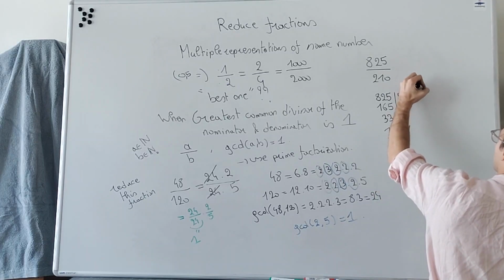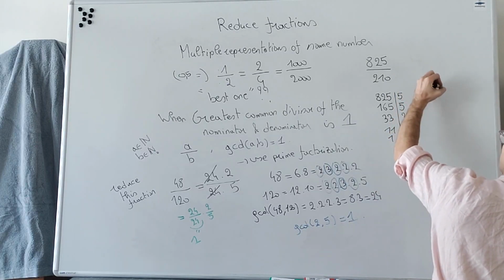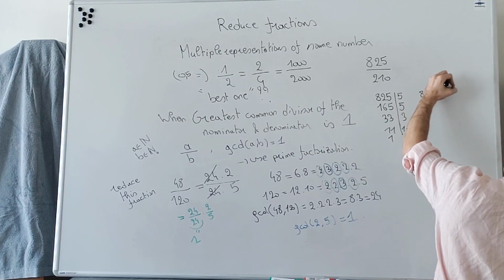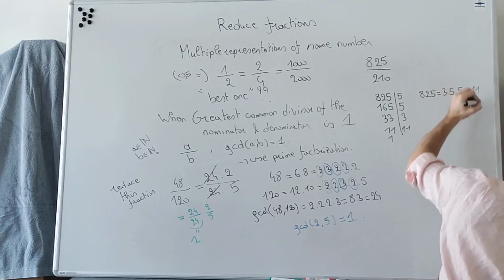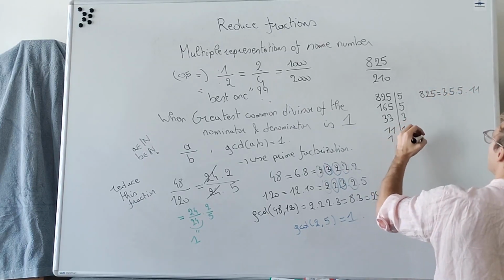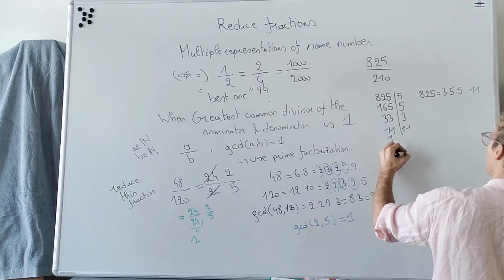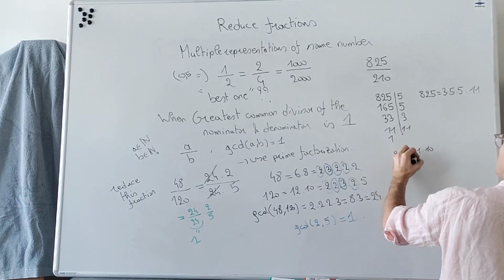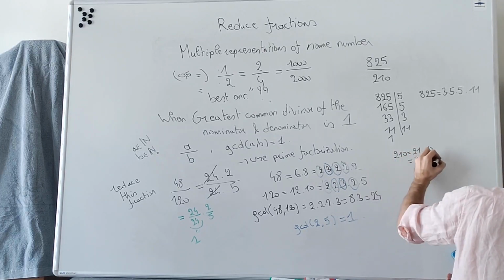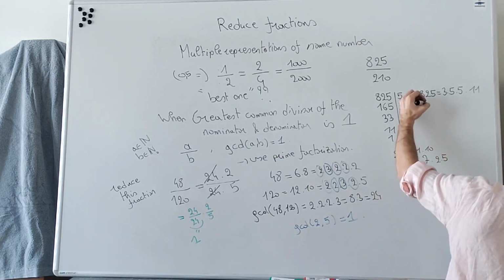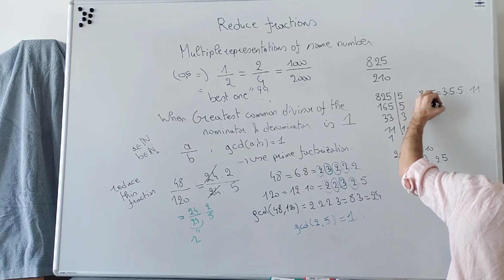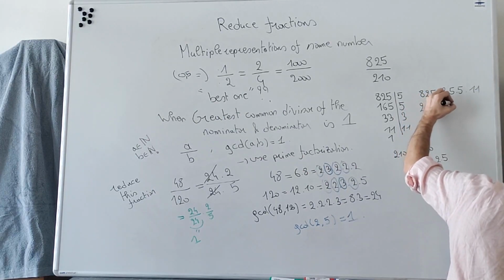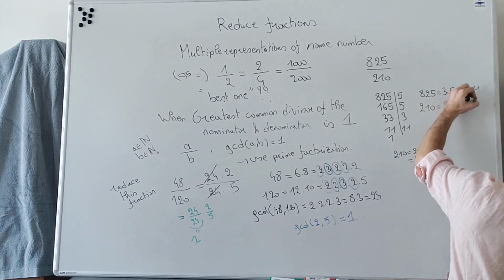So I have 825 equals 3 times 5 times 5 times 11. 210 is easier. 210 is just 21 times 10, which is 3 times 7 times 2 times 5. So 210 is 2 times 3 times 5 times 7.